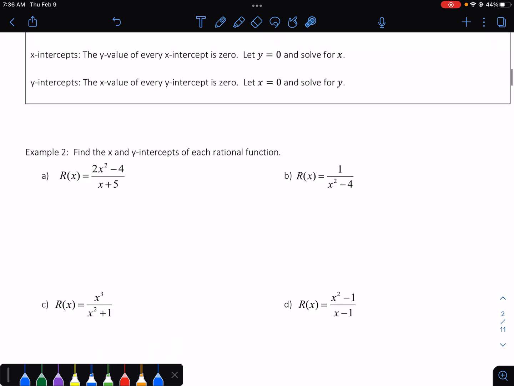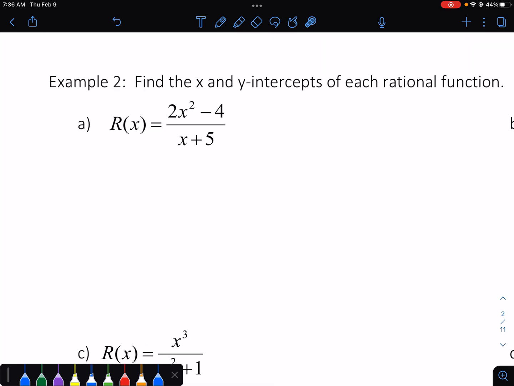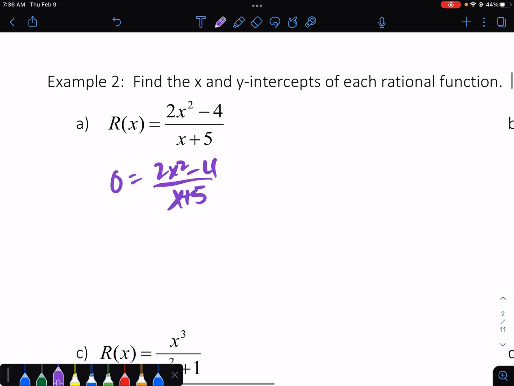Now, in the case of this, we have fractions that we're looking at, or rational functions. So when I set 0 equals 2x squared minus 4 over x plus 5, if I think in terms of a fraction, what's the only way that you can get a fraction to be 0? Well, the only way is if you have 0 over some number, right?